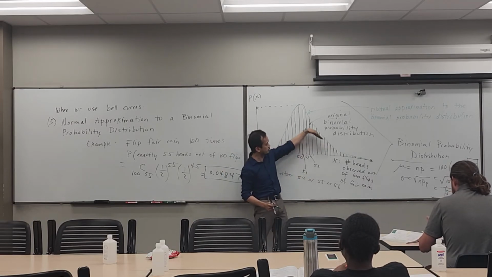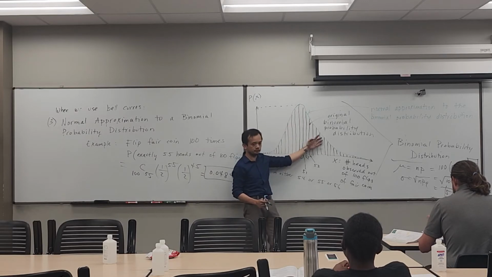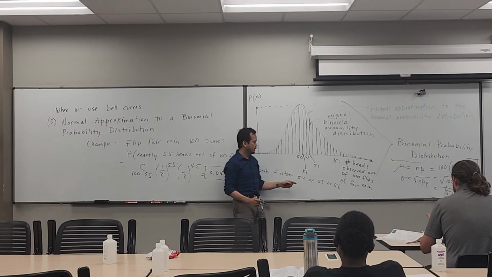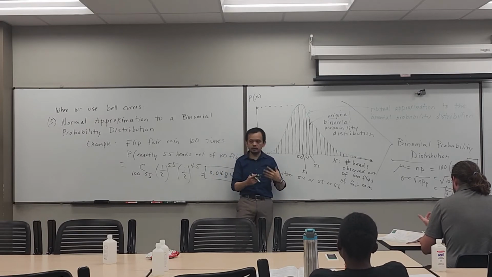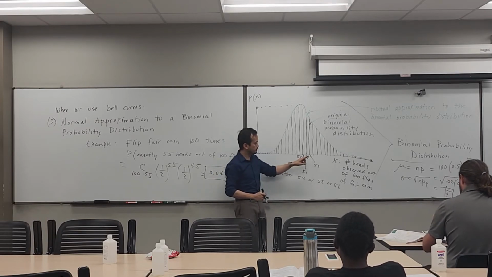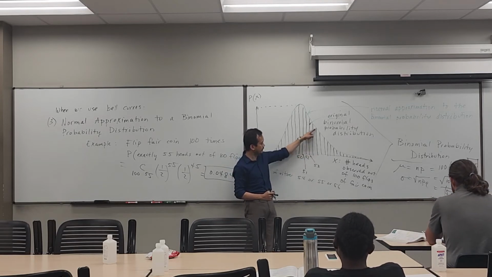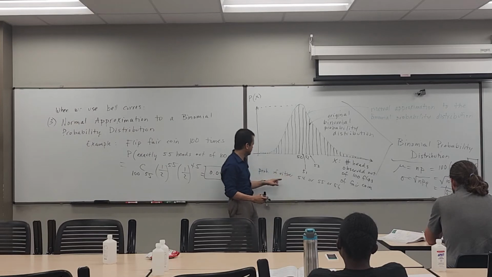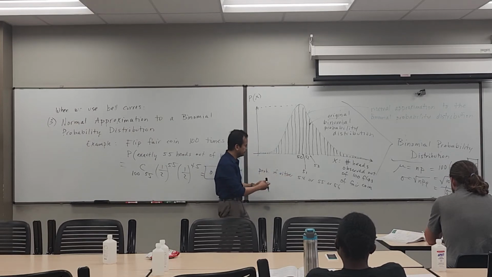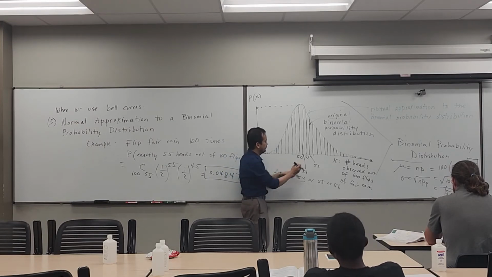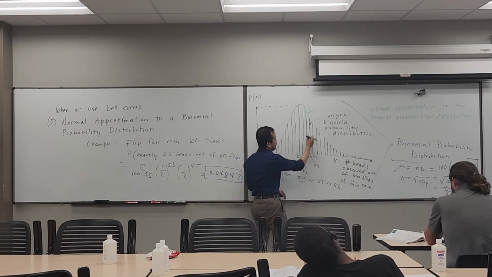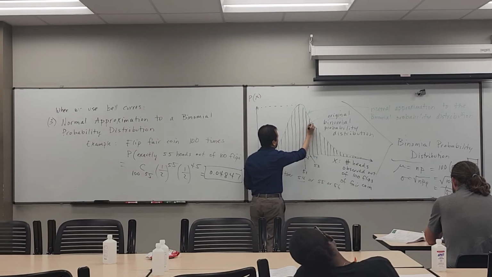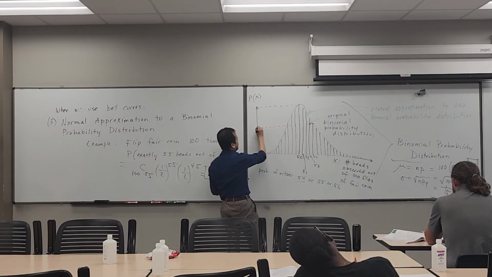But if we had the original black distribution only, then how would we find probabilities? The probability of a discrete distribution is found by looking at the height of each of the bars and then adding up the relevant heights. For example, if we're trying to find the probability of 54 heads, you look at 54 here, look at what its height is. It's going to have this height corresponding to that probability.